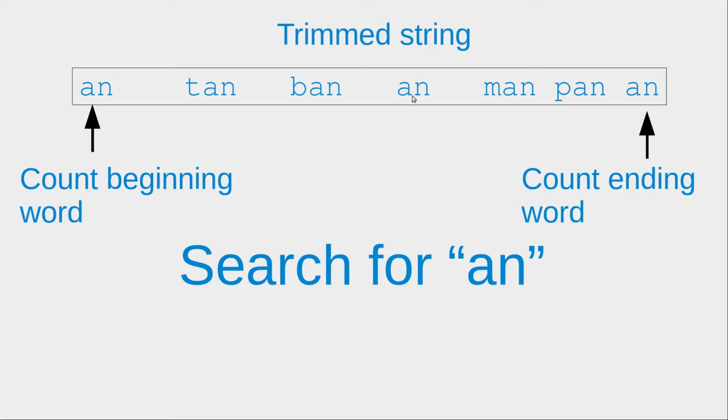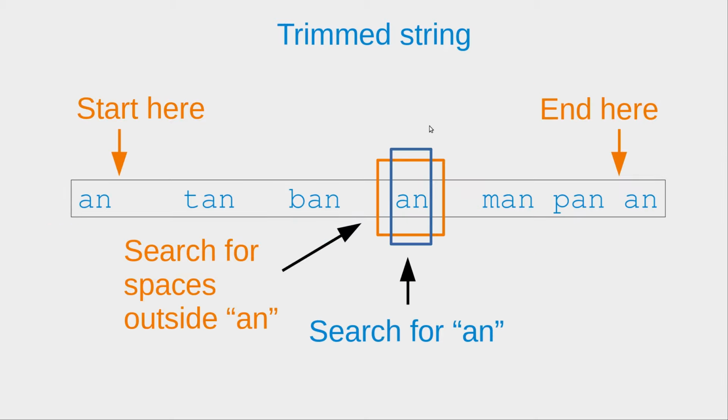But how about this one in the middle? I can do something like this. I start the search here, which is just beyond my first word, and I will end the search here, which is just before the final word. And in the middle of this part of the trimmed string, I will create a window like this.